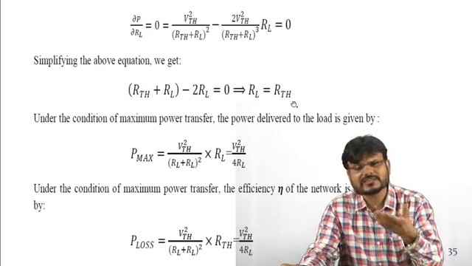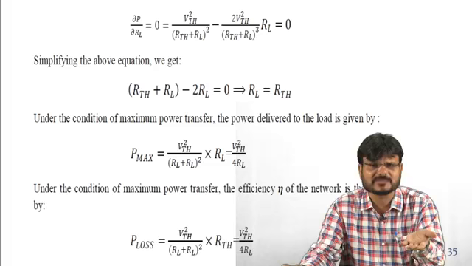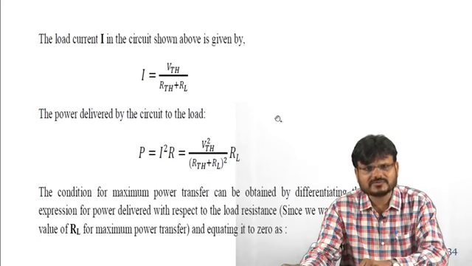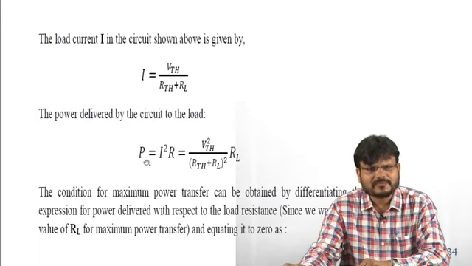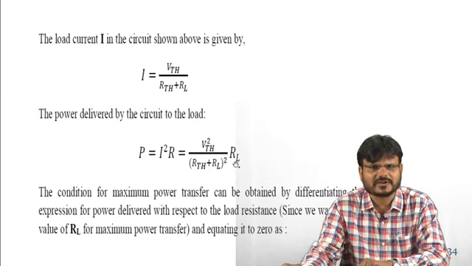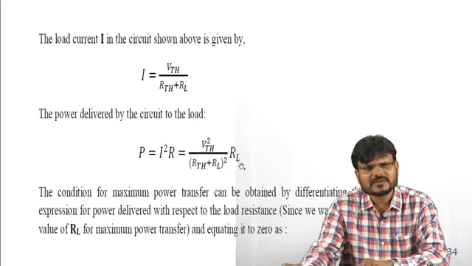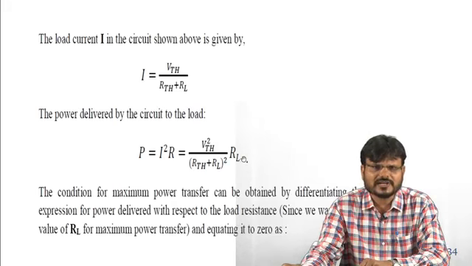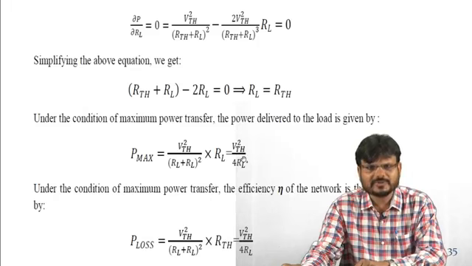Now you have to find this maximum power. What is the value of this maximum power transfer? The equation for the power is P is equal to E_TH square upon (R_TH plus R_L) square into R_L. So just replace the value of R_L with R_TH.